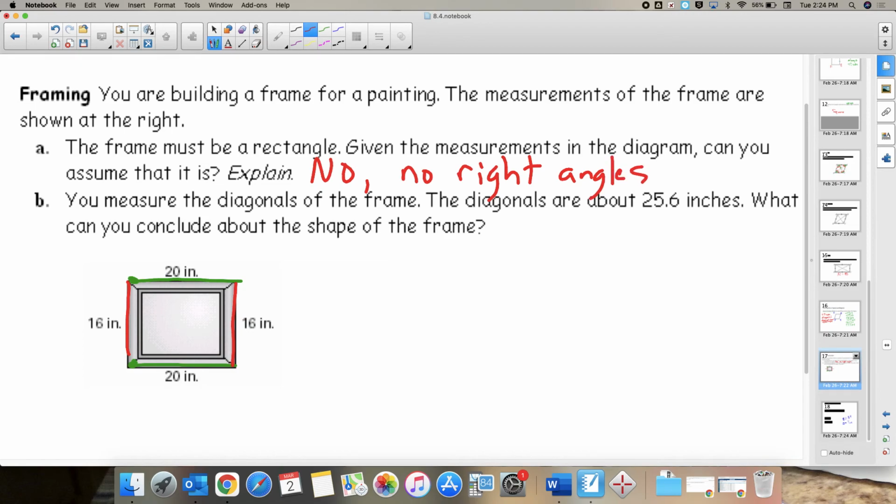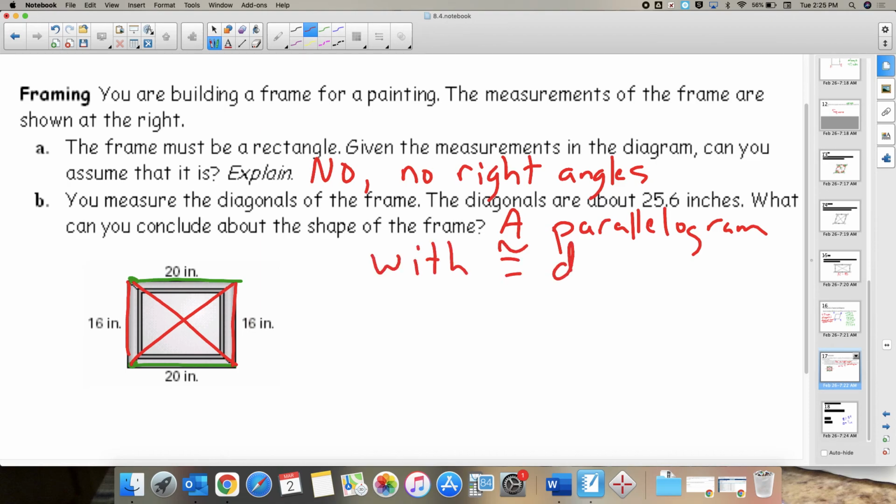Now, for part B, it says you measure the diagonals of the frame. Each one is about 25.6 inches. So these two diagonals are congruent. What can we conclude about it? Well, it is a parallelogram because the opposite sides are congruent. It's a parallelogram with congruent diagonals.